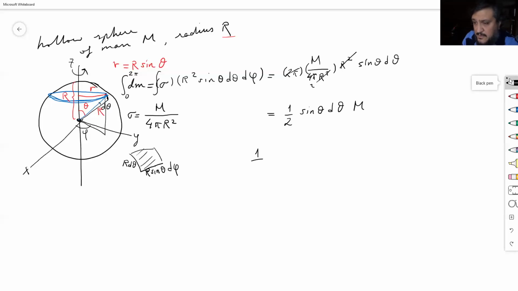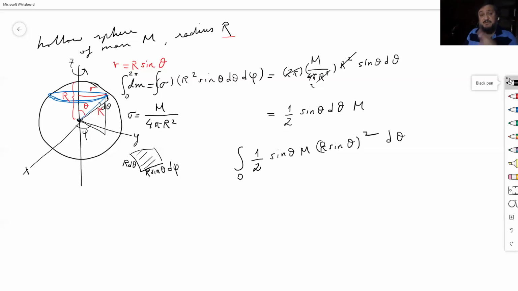So 1/2 sine theta m times r, capital R, sine theta squared d theta. And the integral will be from 0 to, okay, here's the thing.